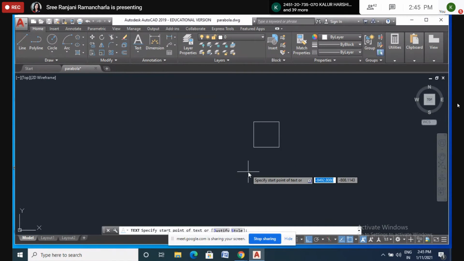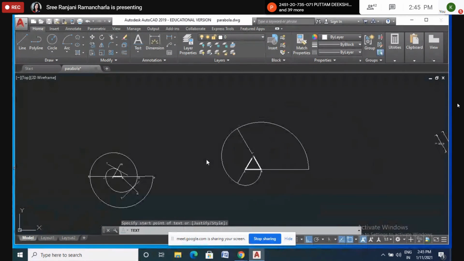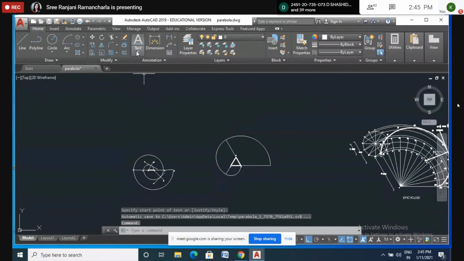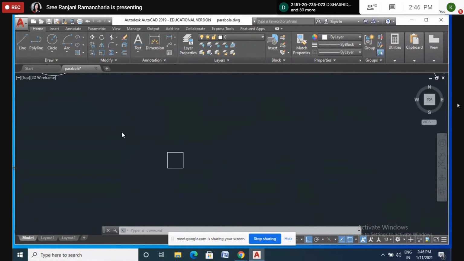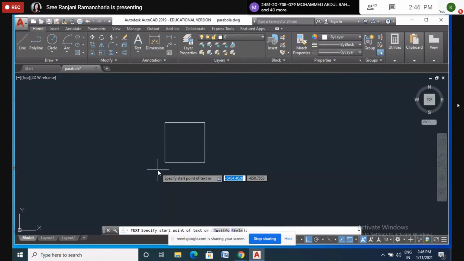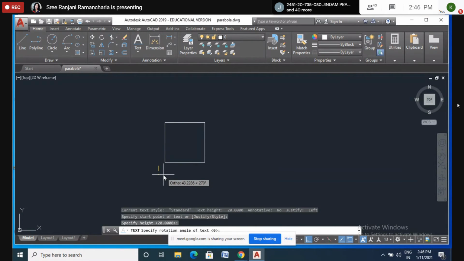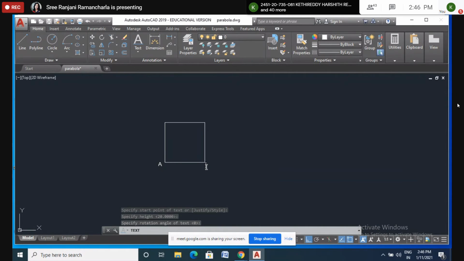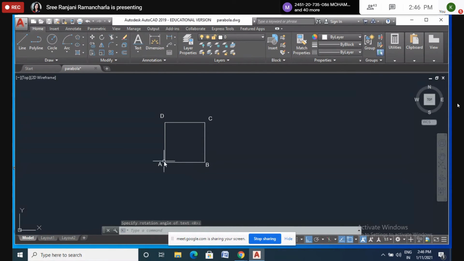Okay. Like how we had done in the triangle, for this one also we have to extend this line by one side. So I will make this one a thick line.